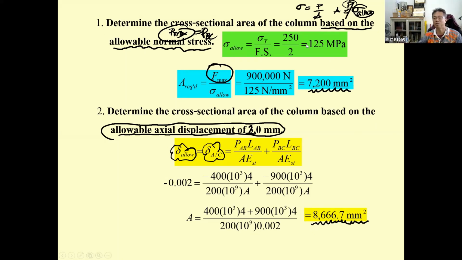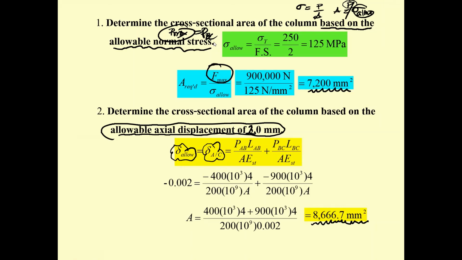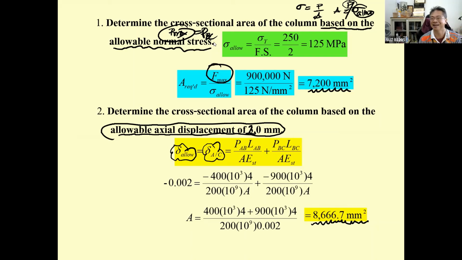The light blue or the yellow, student? Which one? Why? Can you tell me? Oh, stiffness. Okay. Because why do you use the yellow one? Because when you design, you have to select the bigger one, okay, to make it safe.